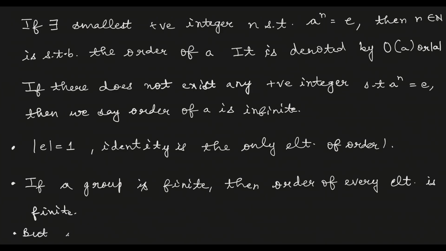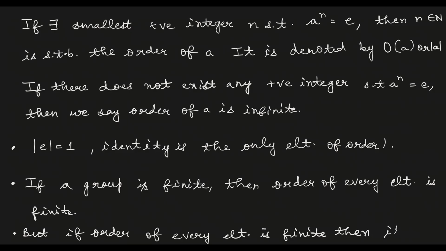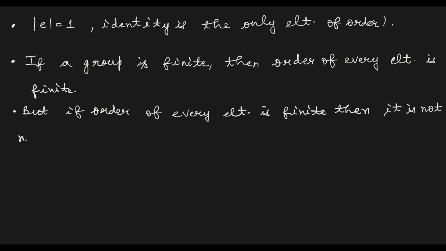But the converse need not be true. If the order of every element is finite, then it is not necessary that the group is finite, that the group is of finite order.